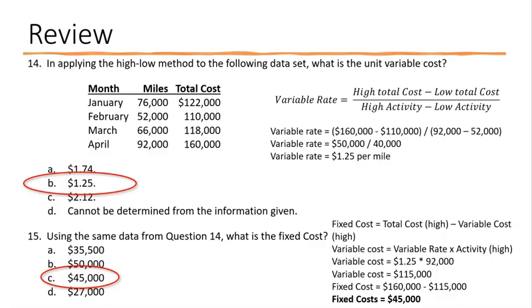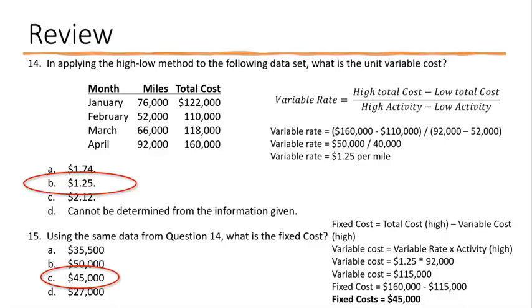I picked the high level, the data from April. You can also use the low month, in this case February. You would apply the $1.25 times the 52,000 miles to get the variable cost for February. Subtract that from the $110,000 of total cost for February.